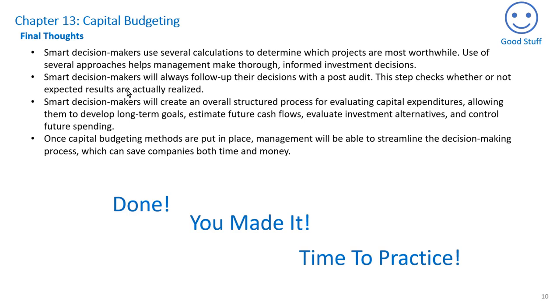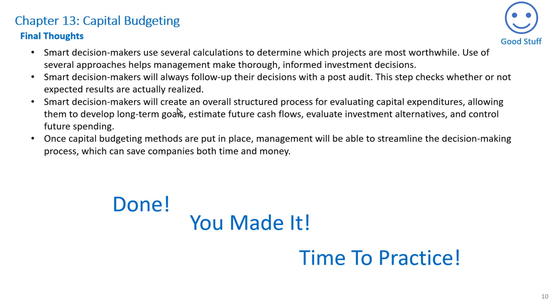Smart decision makers will always follow up their decisions with a post audit. This step checks whether or not expected results are actually realized. As we have already studied, variance analysis allows management to focus on the exceptions and make corrections to those things which need improving.